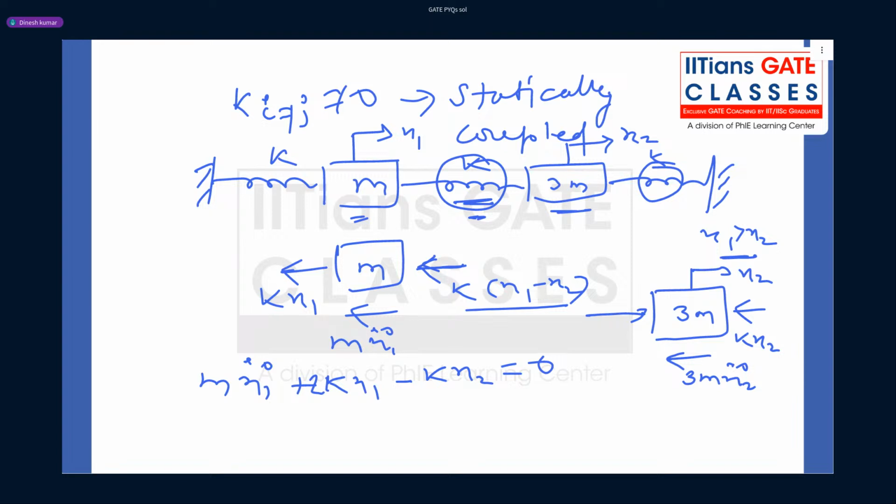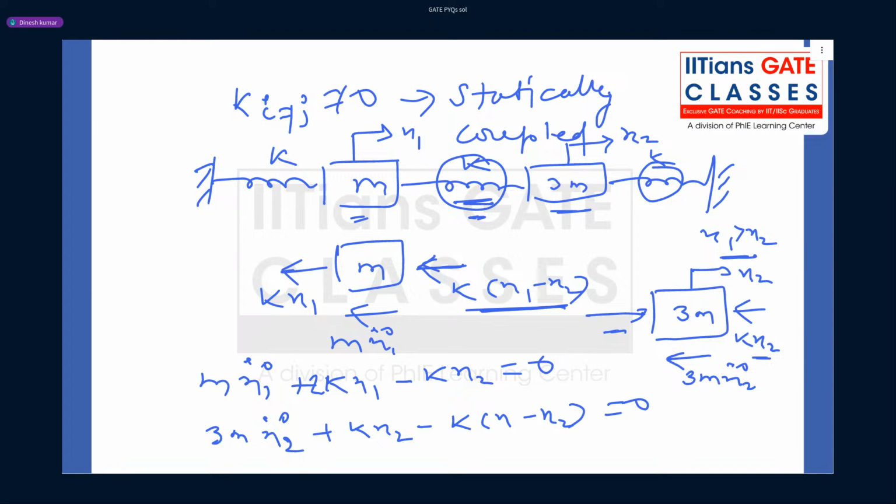So the equation of motion for the 3m mass is 3m x2 double dot plus kx2 minus k (x1 minus x2) equal to 0.